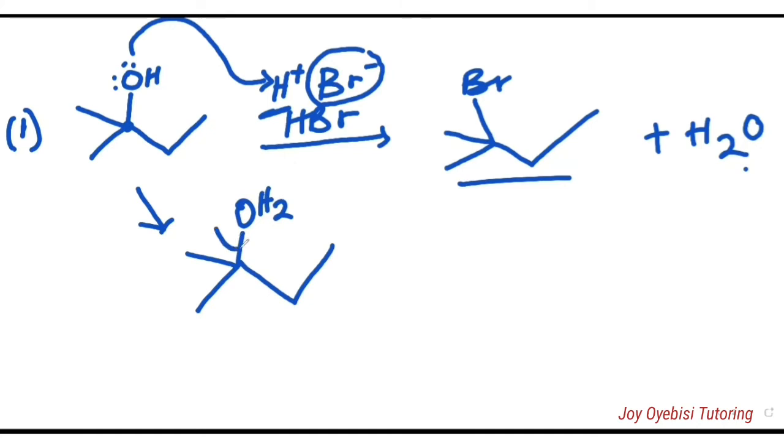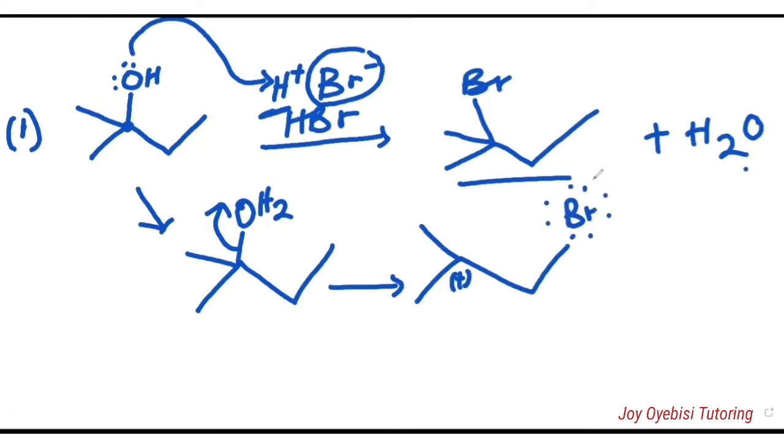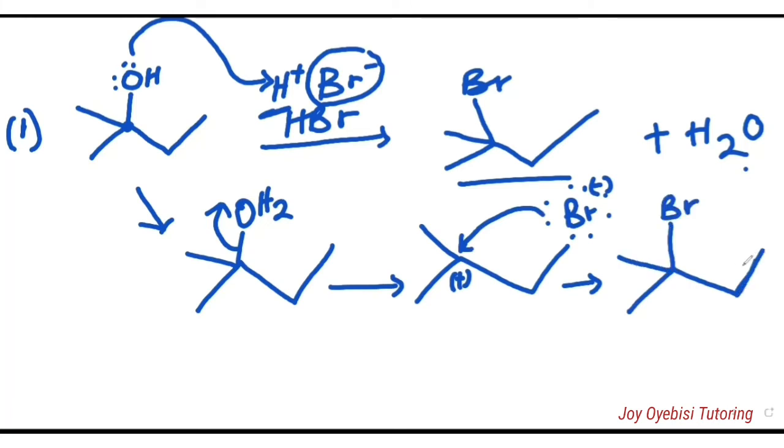So this leaves, okay, and it forms a carbocation, which the Br that was left is then going to attack that carbon, attaches itself, and gives you the product that we have up there. So this is SN1 reaction mechanism, and that is how it proceeds.